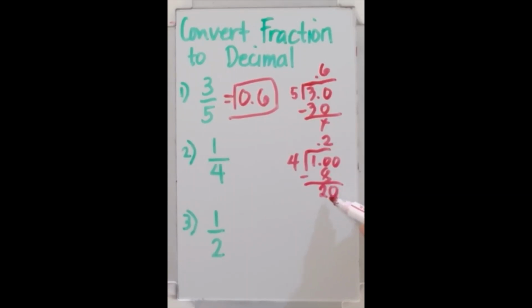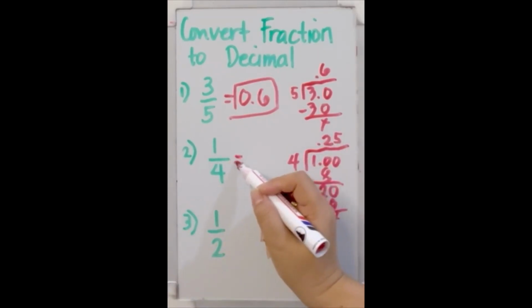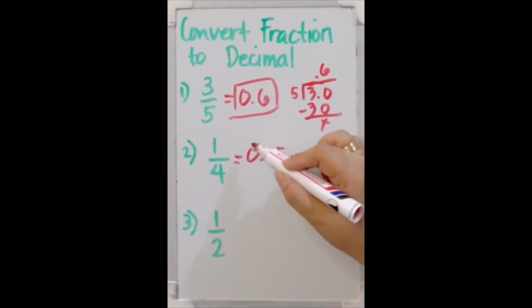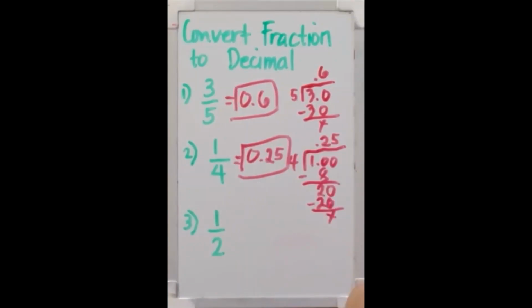So this will become 20. 20 divided by 4 is 5. 5 times 4 is 20. So 20 minus 20 is 0. So our answer is 0.25. 1/4 is equal to 0.25.